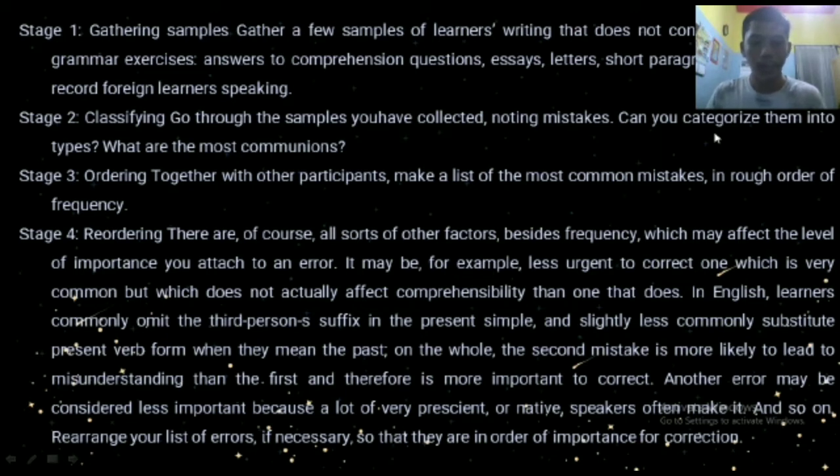Another error may be considered less important because a lot of very proficient or native speakers often make it, and so on. Rearrange your list of errors. It's necessary so that they are in order of importance for correction.